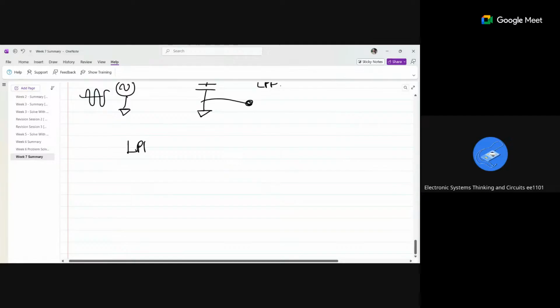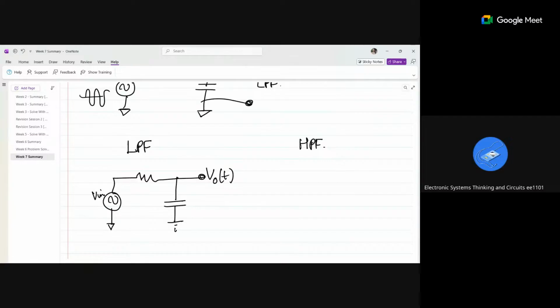If it is RC, this is my V in. If I am taking V naught of T across the capacitor, it is low pass filter. If I am taking across the resistor, it is a high pass filter. Is it clear? Yes, ma'am.